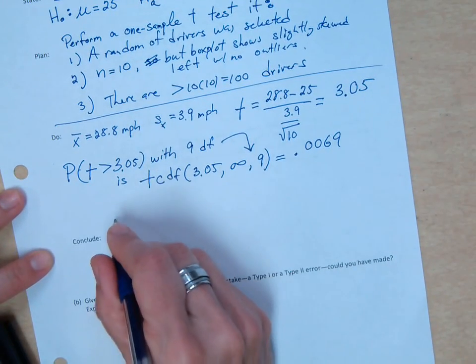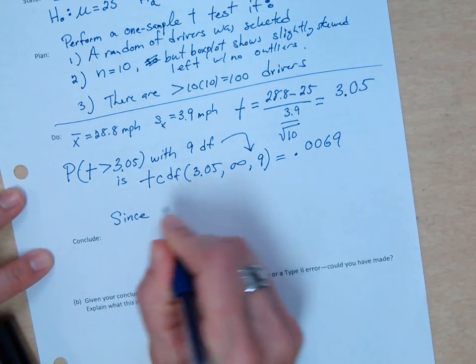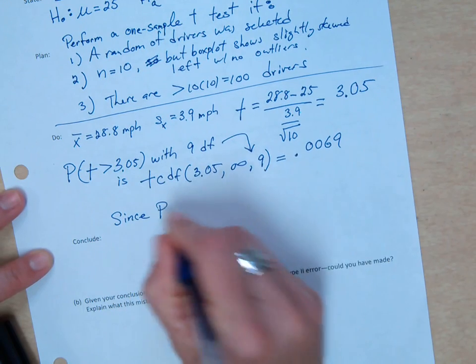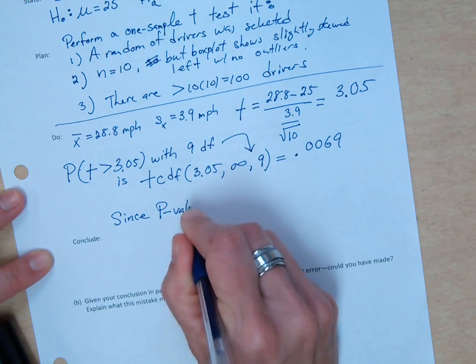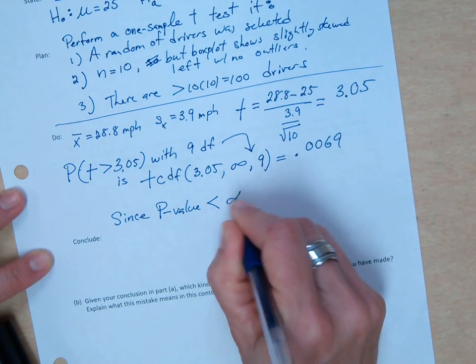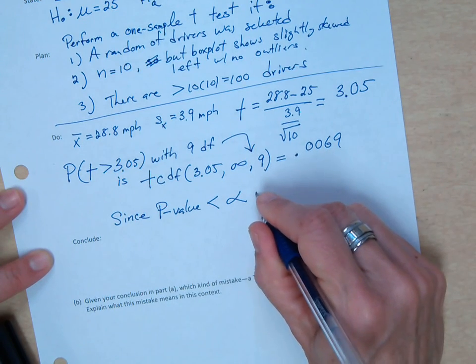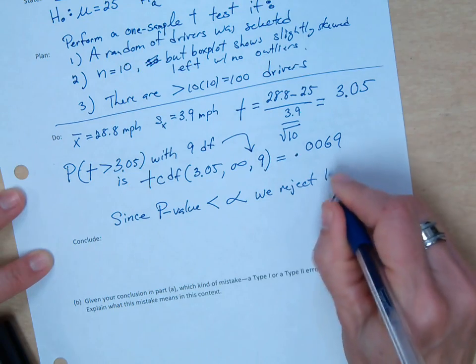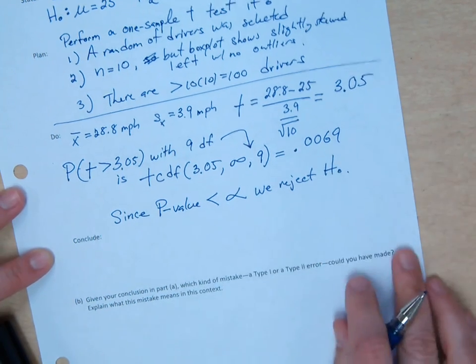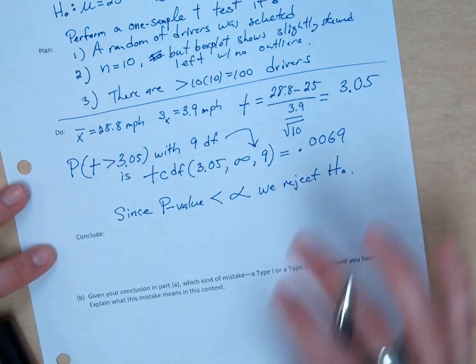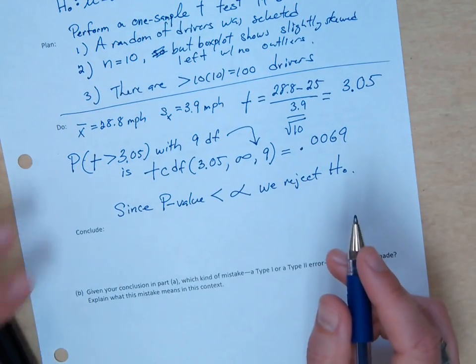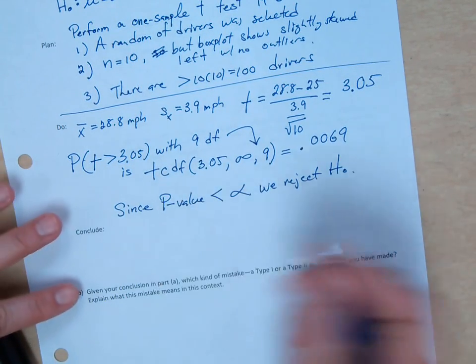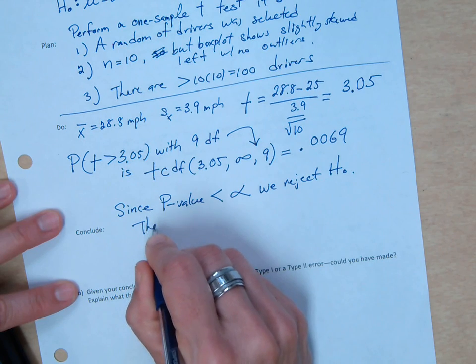So our conclusion, be sure you have this in your conclusion. The first part is the formula. Since the p-value is less than alpha, we reject H naught. That's the shortest way I can say the null hypothesis. But then you have to interpret in context. So what does that mean?